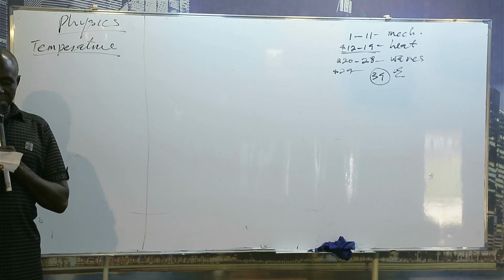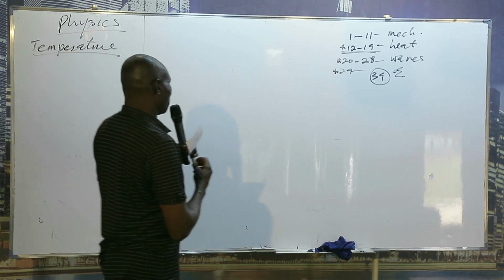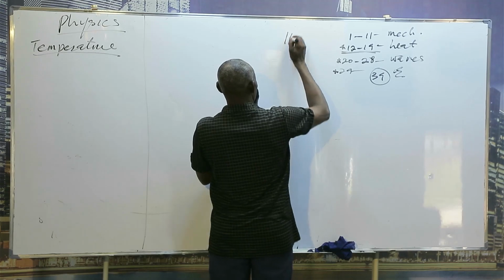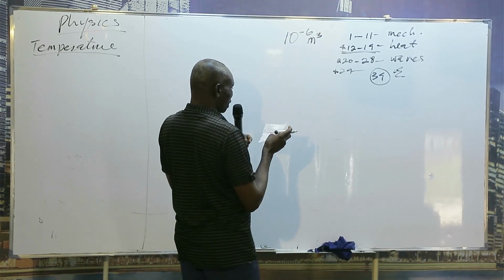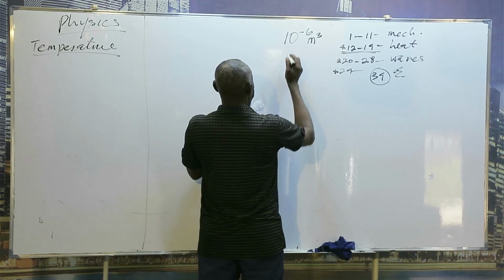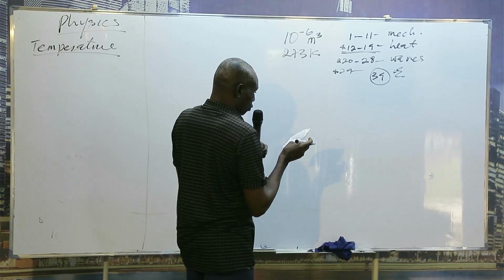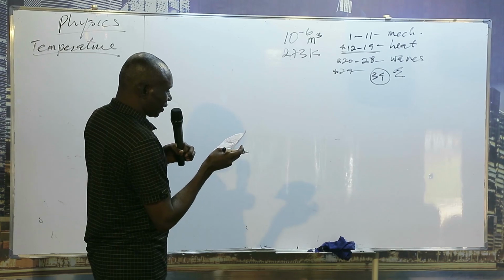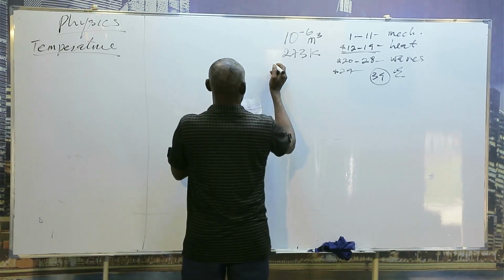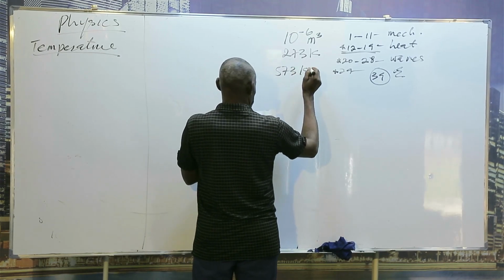A rectangular metal block of volume 10 raised to power minus 6 meter cube at 273 Kelvin is heated to 573 Kelvin. Full stop.